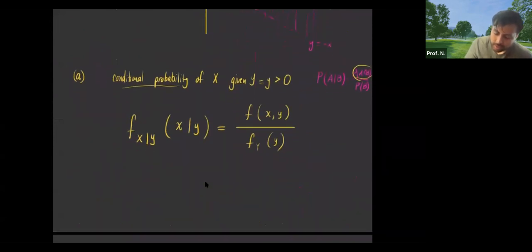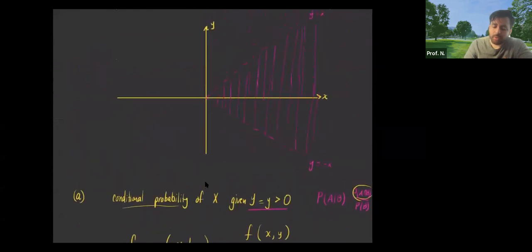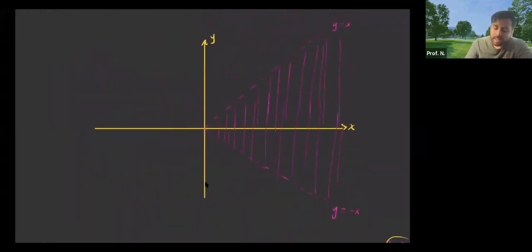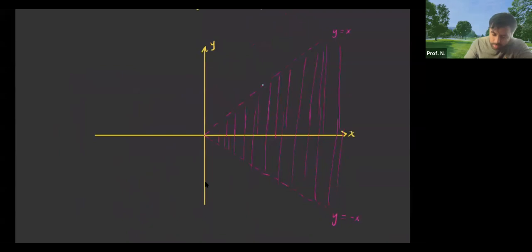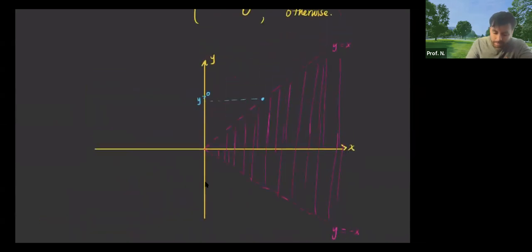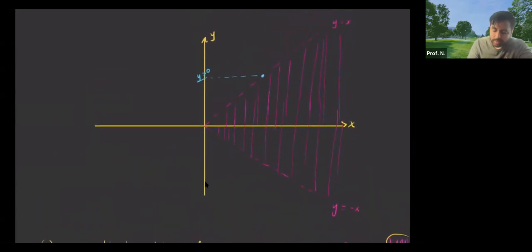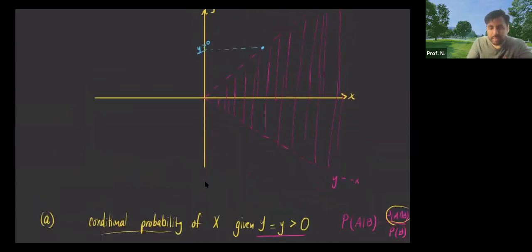But the thing is, we want a given y value. So go back to your region and select a y value that's bigger than 0. Choose any y value bigger than 0. This y value here is bigger than 0. Once we have that y value defined, we want to integrate all of x.